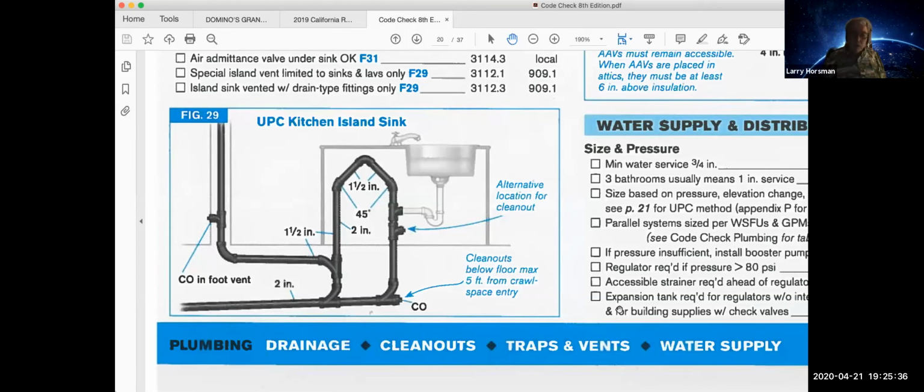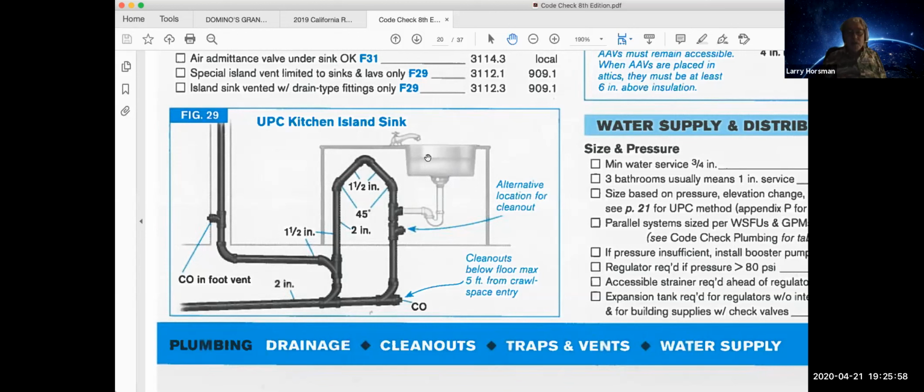Typically, you have a stove or a sink in there. And this is the way you vent it. You can't run the vent up because, I won't say you can't, but most people don't want to see a vent pipe coming up out of their island. And so there is an approved or proper method for doing that.